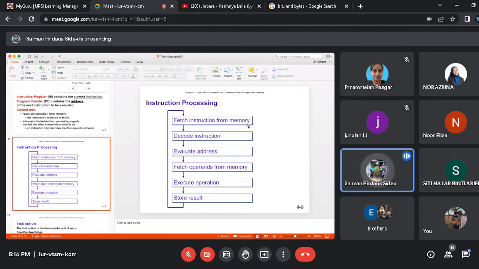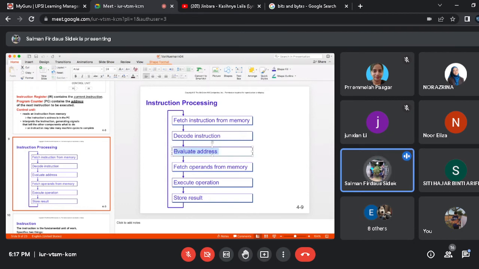So what is the first step? Okay, fetch instruction from memory. Control unit will fetch the instruction from memory, and then the fetched instruction will be interpreted by the IR in the control unit. After the instruction is interpreted, in the instruction itself, it has an address.